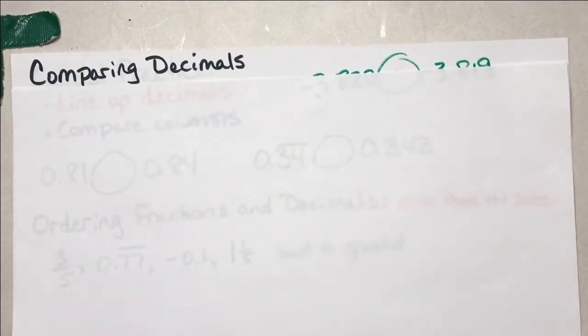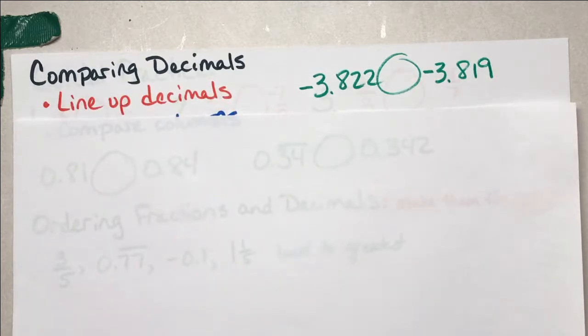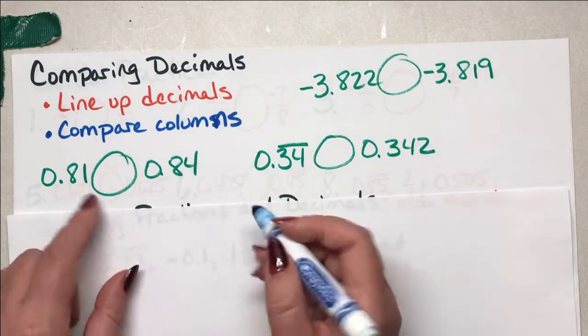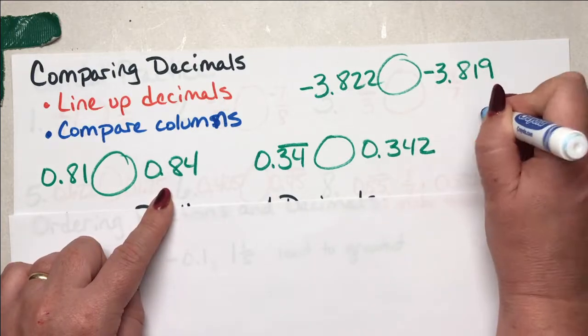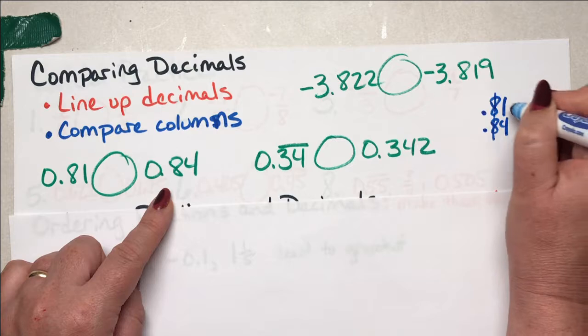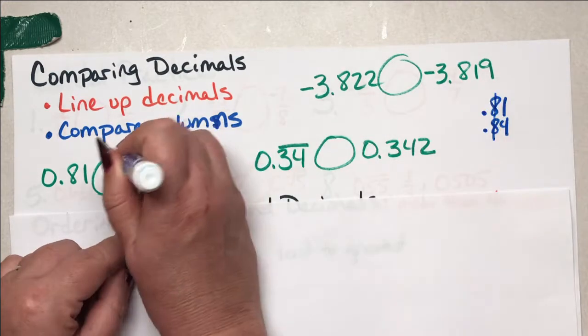So what happens when the things that you're comparing are decimals? Well, I need you to line up the decimals to make sure that we're looking at the same parts of the numbers and compare the columns. For example, 0.81 and 0.84, this column is the same. We're comparing this column, and 4 is bigger than 1.